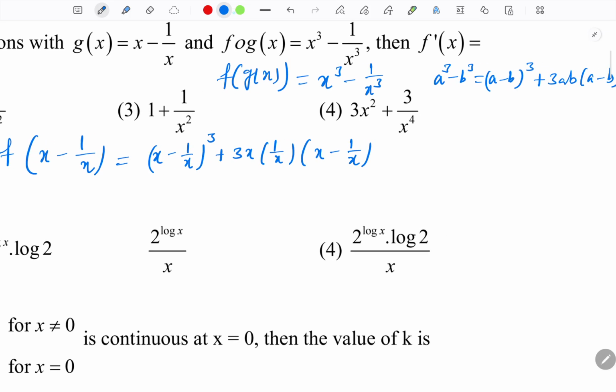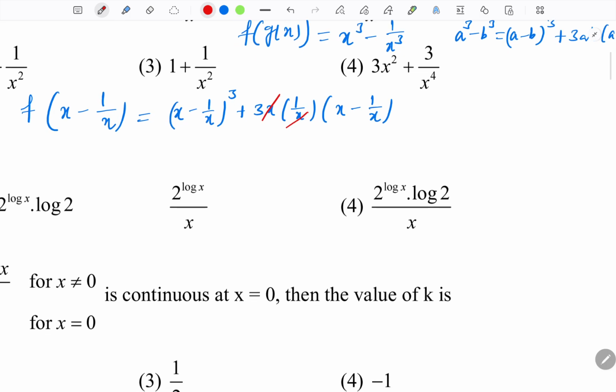Then what is your observation here? The terms x and x will be cancelled, and the remaining terms are x minus 1 by x whole cube plus 3 times x minus 1 by x.